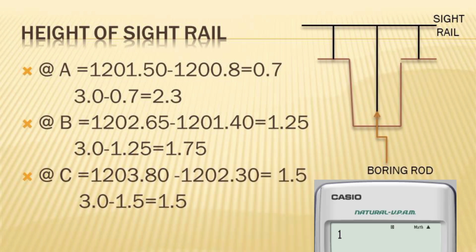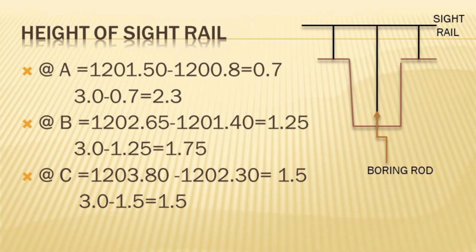So our height of side rail is gotten from subtracting the distance between the ground level and the formation level from the total boning rod length provided to us. That question was that simple. I'm sure you have gotten something there. Thank you.